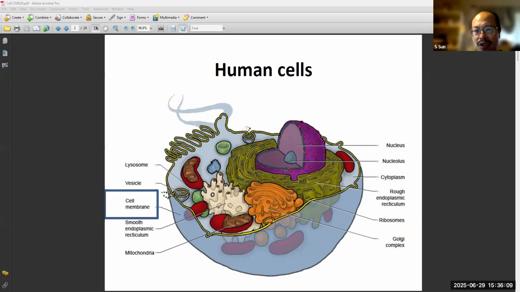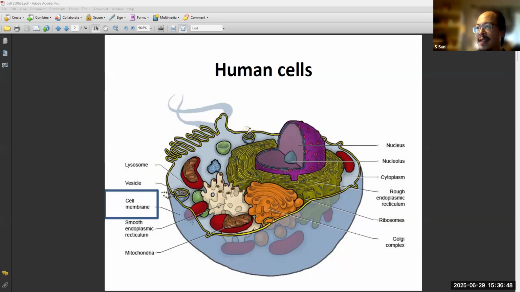It's not like dead tissue, right? It's a living organism, so molecules go in and out. So how does a cell control what can go in and what can go out? Knowing that the cell membrane is primarily composed of phospholipid, and in addition we have proteins, molecule movements across the cell membrane can be categorized into three types of transport.